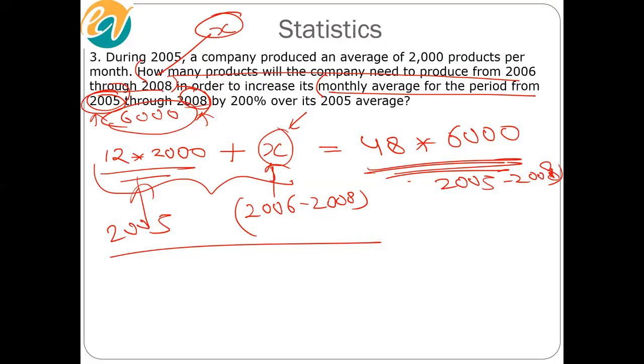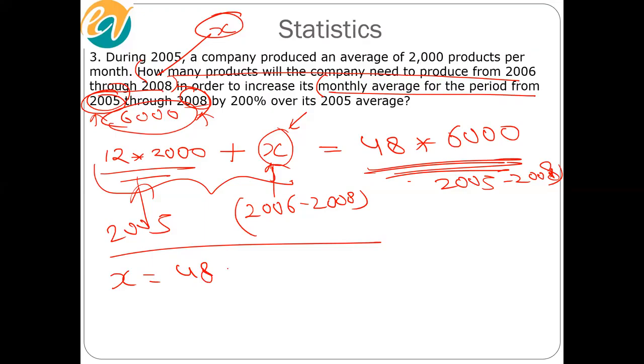Are we clear? Did someone do the calculation, by the way? Actually, it's not that difficult. 264,000 is what Siddhant is coming up with.